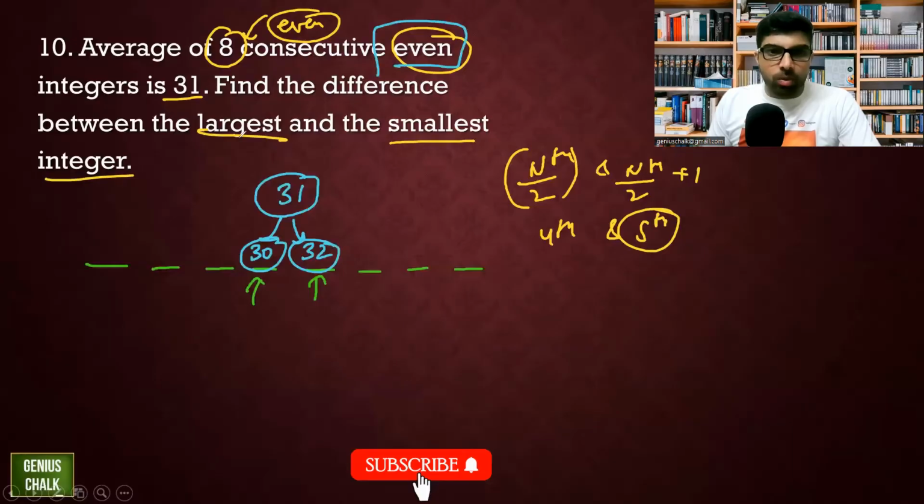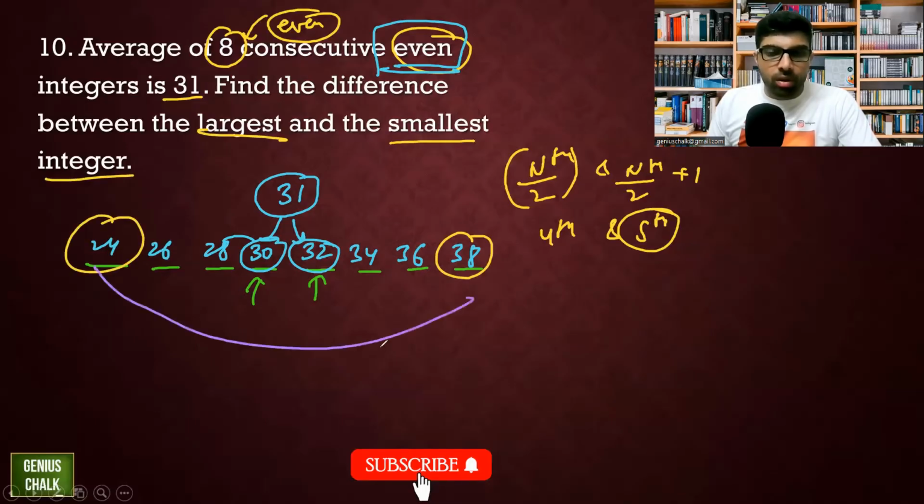Difference between largest and smallest. For the largest, the next number is 34, then 36, then 38. Here 28, 2 less because all numbers are even, then 26 and 24. So the difference you can easily find now. 38 and 24, what is the difference? This is 14. So 14 is my answer.